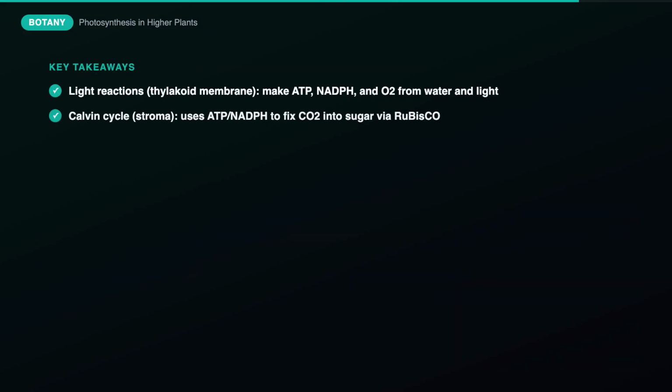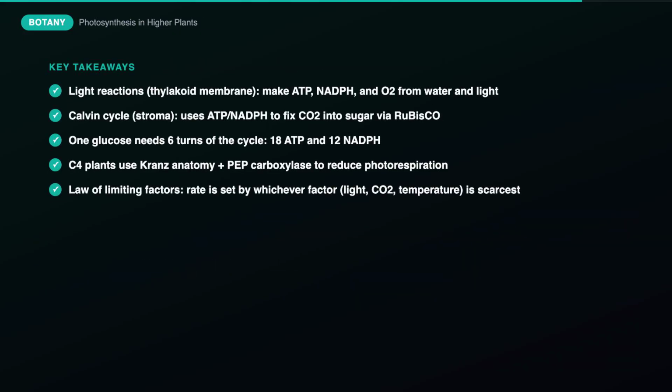Let's recap. Photosynthesis happens in two coupled stages. Light reactions on the thylakoid membrane produce ATP, NADPH, and oxygen, while the Calvin cycle in the stroma uses that ATP and NADPH to fix carbon dioxide into sugar via Rubisco. It takes 6 turns of the Calvin cycle, using 18 ATP and 12 NADPH, to build one glucose molecule.